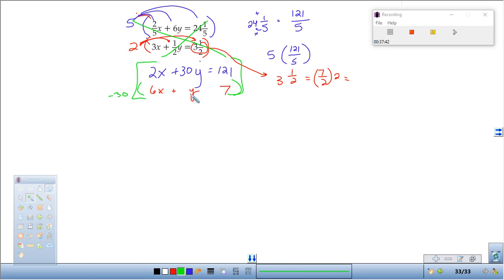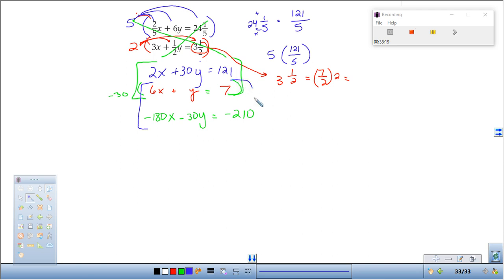Down here, this gives me a negative 180. This one gives me a negative 30y. This one here, negative 210. Wow. All right. Okay. Not too bad. I don't even know why I wrote in that color.